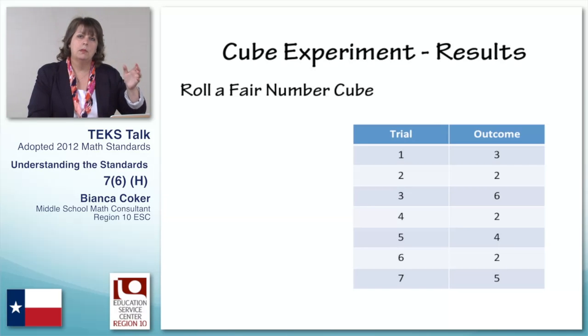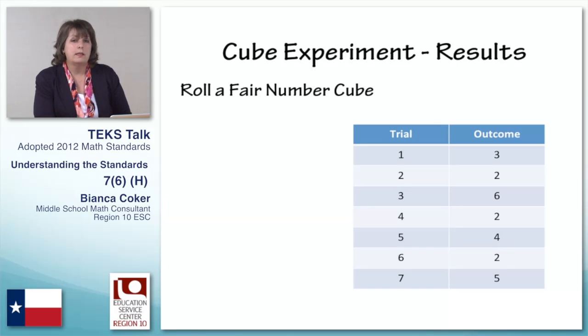So if we were to calculate our experimental probability based on this experiment, then our denominator is always going to be 7 because we did 7 trials. So if we find the probability of rolling the fair number cube and 1 appearing heads up, that didn't happen at all. So there's 0 times that we rolled the fair number cube and 1 appeared. So that quantitative prediction is 0 out of 7 or 0.